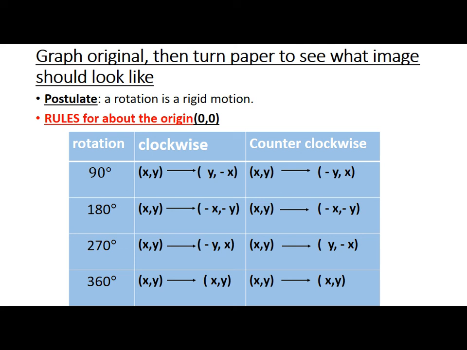If I'm going 90 degrees clockwise, what are we doing to the x and the y? Switch them, and then do the opposite of the new second number. If this is point A, give me two numbers for the coordinate. 6, 3. And I want to go 90 degrees clockwise.